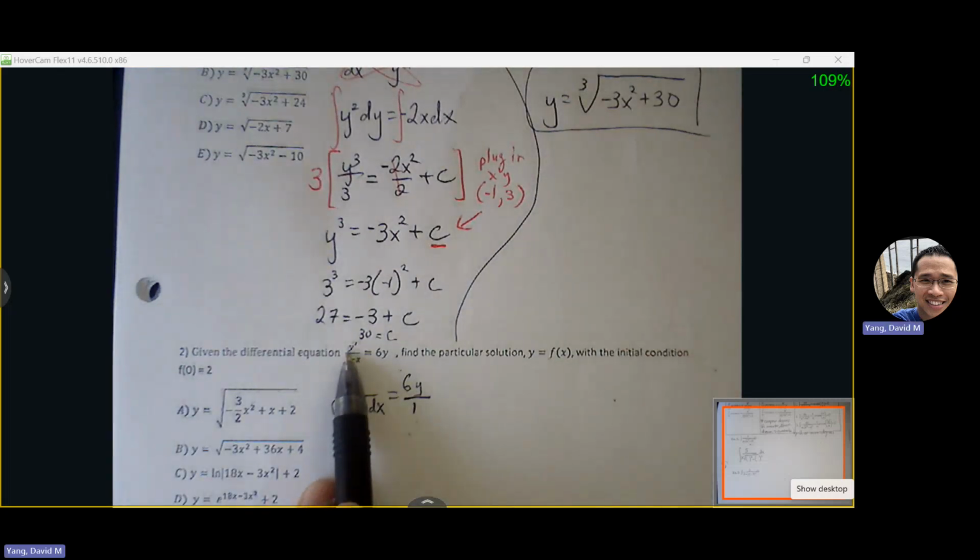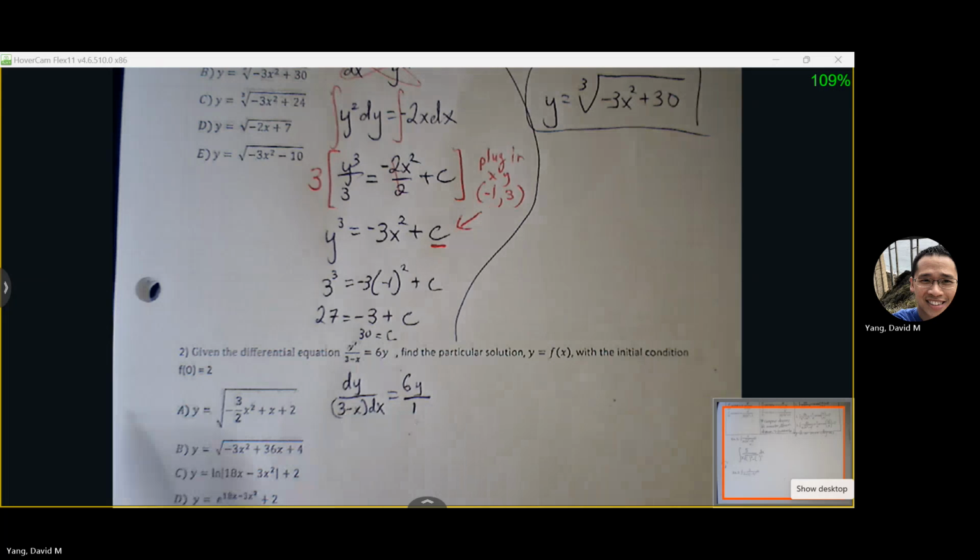So I'm just converting that y prime to be dy over dx. I don't want to do a complex fraction, so I'm just putting that dx and sharing the same space as the 3 minus x. And I'm also protecting that 3 minus x with a set of parentheses just to know that this stays together.